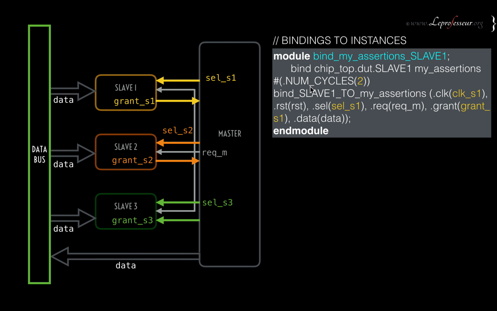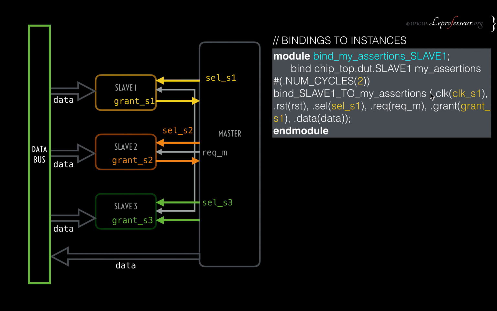Good. Now if I want to change the number of cycles, I can change it. I defined the parameter already. So let's say I want to change the number of cycles from the default value to 2 for slave 1. I can change it here, and then the bind instance name, or in other words, the bind module's instance for slave 1. So bind slave 1 to my assertions, and these instance names should be unique.